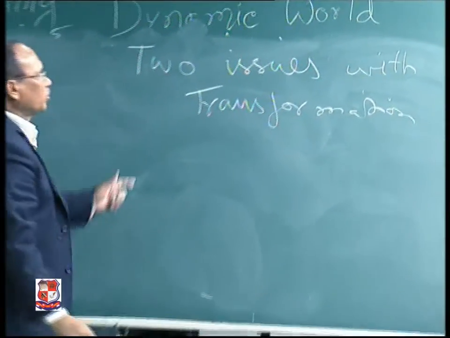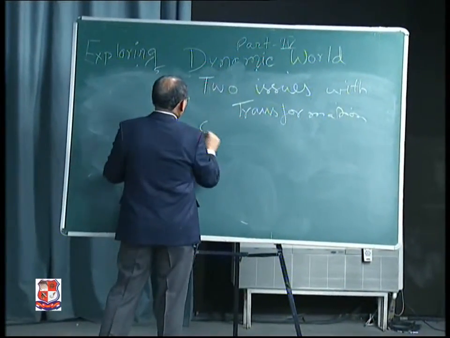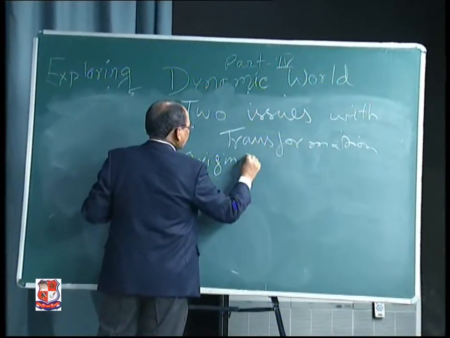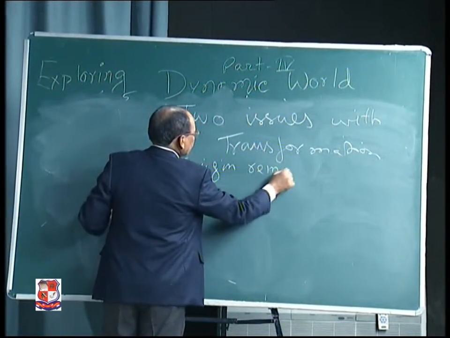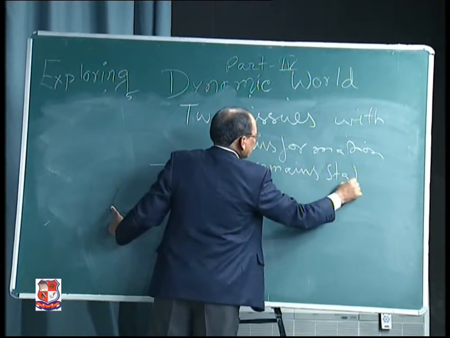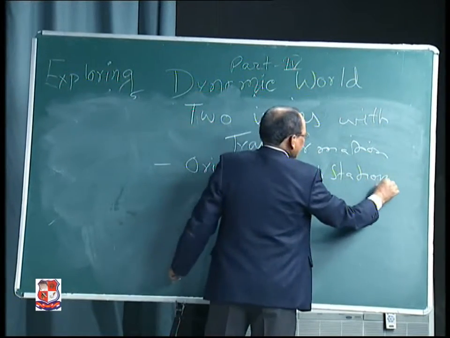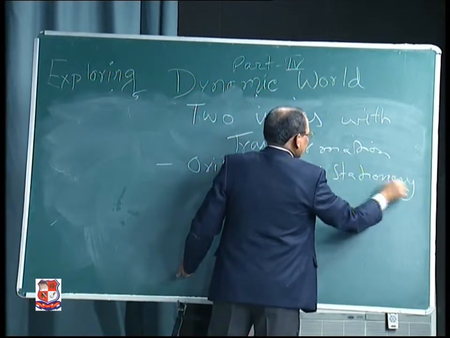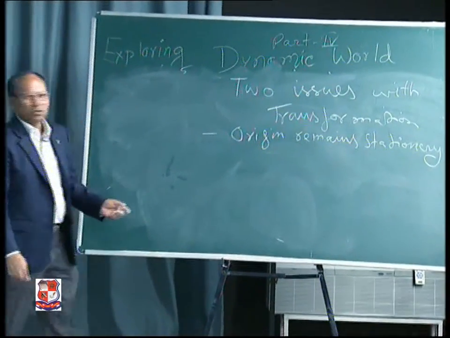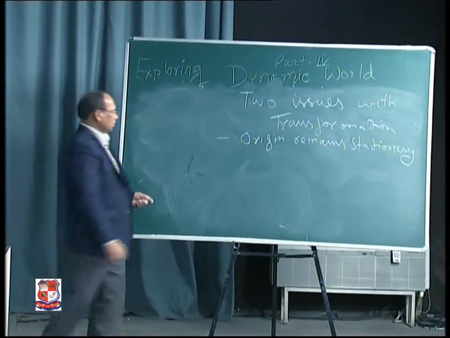So, two issues with transformation. What is that? Origin remains stationary, it will not change.